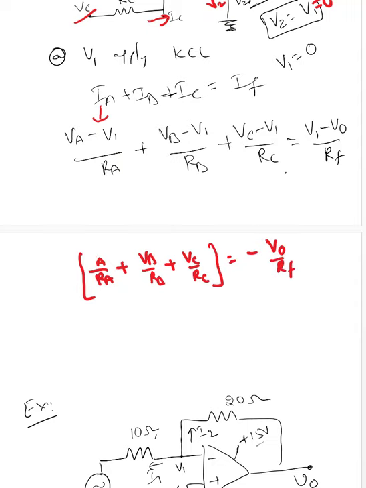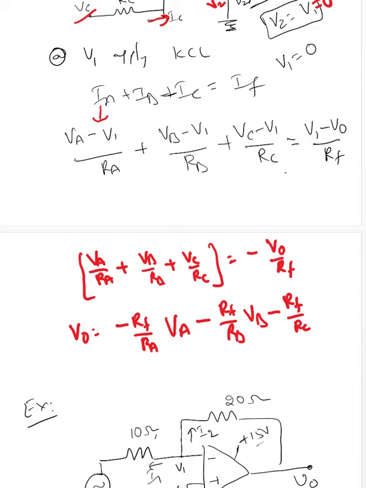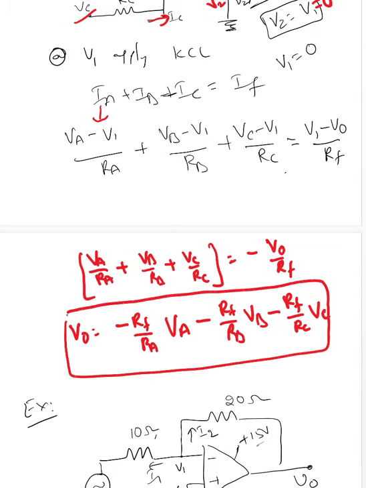I care for V0, so V0 equals negative RF over RA times VA, minus RF over RB times VB, minus RF over RC times VC, because this negative is applied everywhere. This is V0. That negative indicates that the output is inverted since we are giving our input to the inverting terminal. This is the summing amplifier.